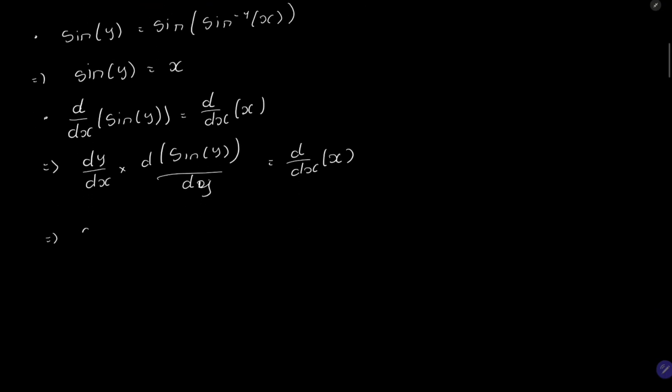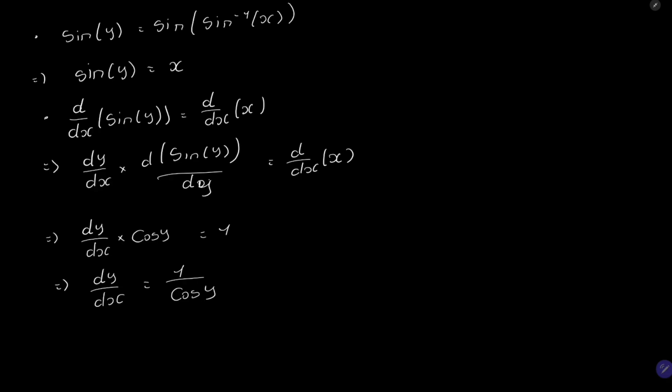This leaves us with the derivative of y with respect to x times the derivative of sine y. Recalling from the derivative of trigonometric functions, this gives us cos y equal to the derivative of x with respect to x, which equals 1. This then implies that dy on the dx is equal to 1 on cos y.